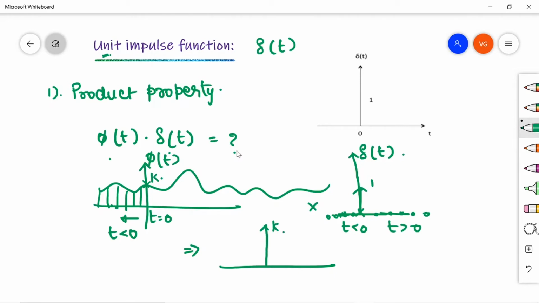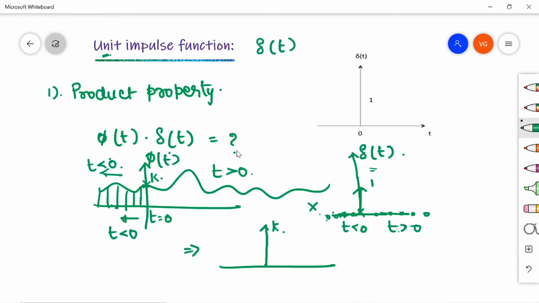So the resultant signal looks like this, because whatever amplitude you have for t less than 0 and t greater than 0 will become 0, because del of t does not exist for t less than 0 and also for t greater than 0.